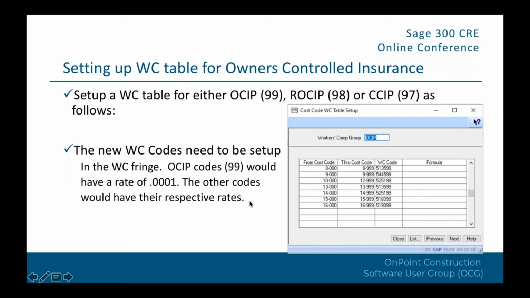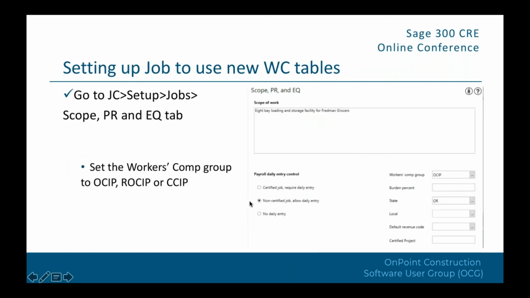And then I think my next slide. Yeah, so this one right here on the workers' comp group, this says OSIP. So it's going to look for everything on the OSIP workers' comp table.